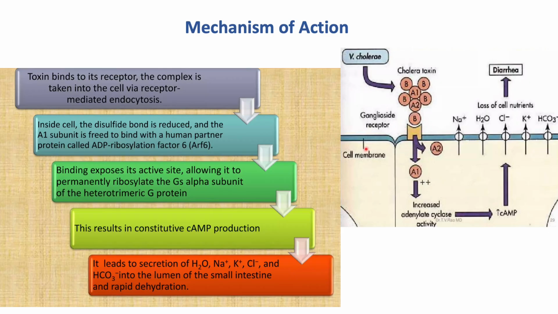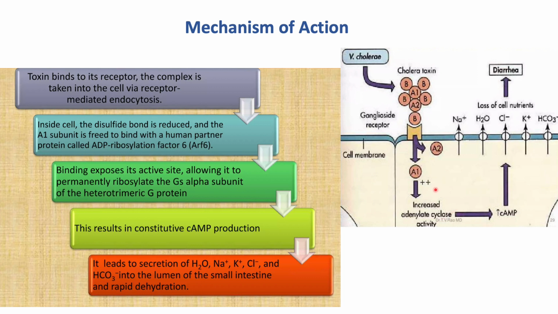So this is the overall structure of the cholera toxin. It binds to its receptor. The complex is now taken into the host cell through receptor mediated endocytosis. Inside the cell, the disulfide bond is reduced and the A1 subunit is freed to bind with the human ADP ribosylation factor 6, which is ARF6.